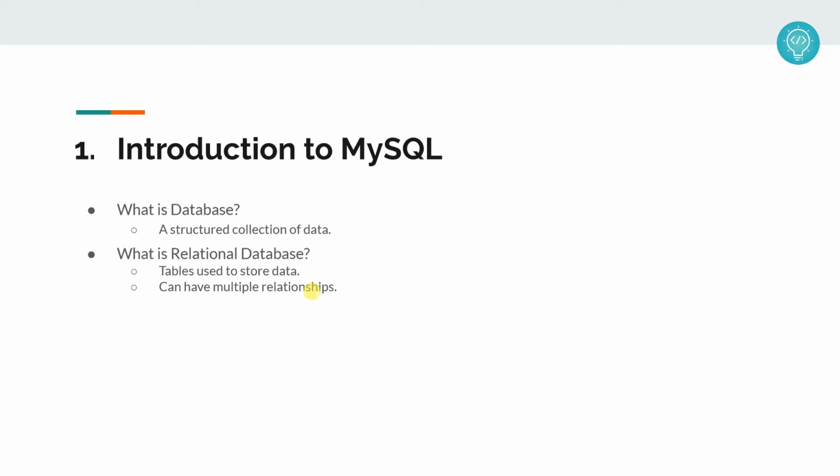Now the thing is, it is not just a collection of data. See, what happens is you click on anything or you search for anything, your playlist or your saved albums or whatever, it is available to you very quickly. So it is not just data stored, it is a structured collection of data. The data is stored in a structured and organized way.